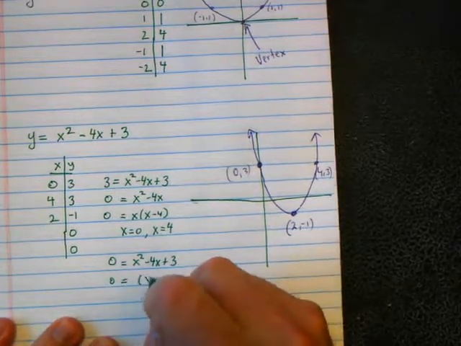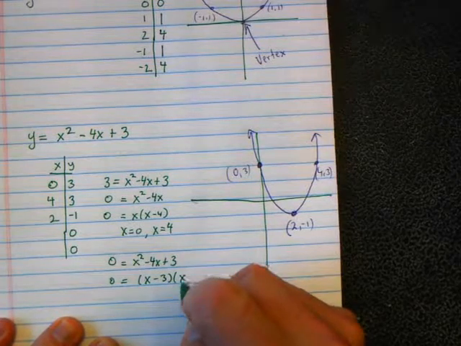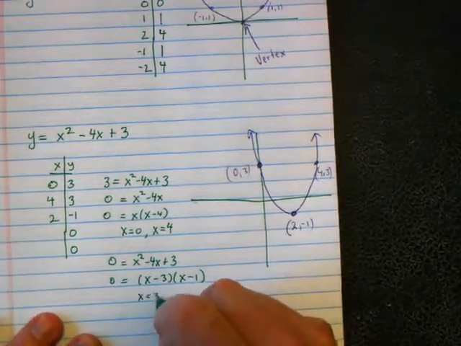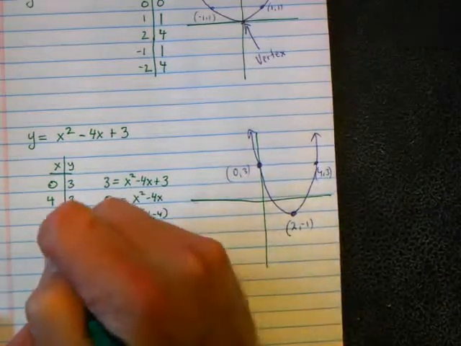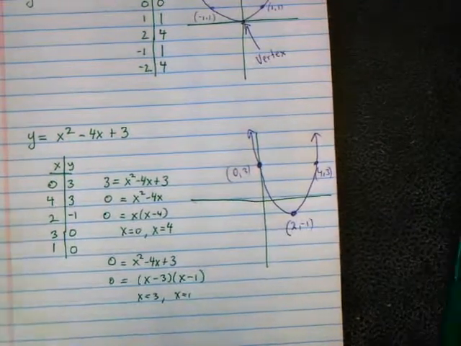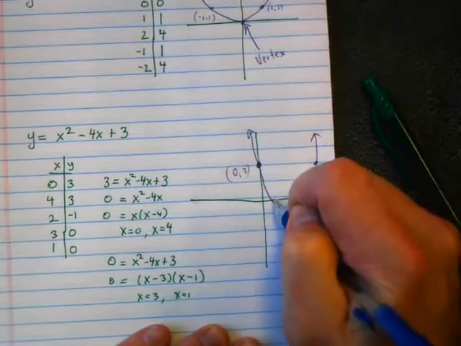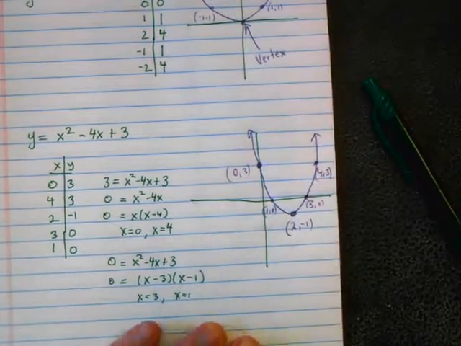It factors as x minus 3 and x minus 1. x equals 3, x equals 1. So I can mark those: 3, 0 and 1, 0.